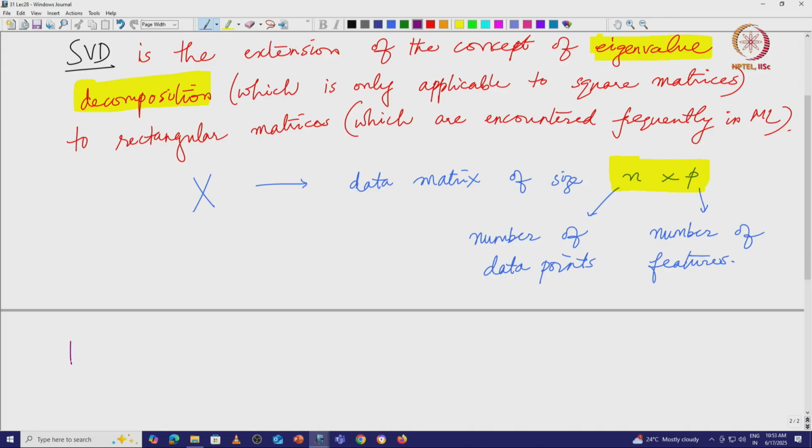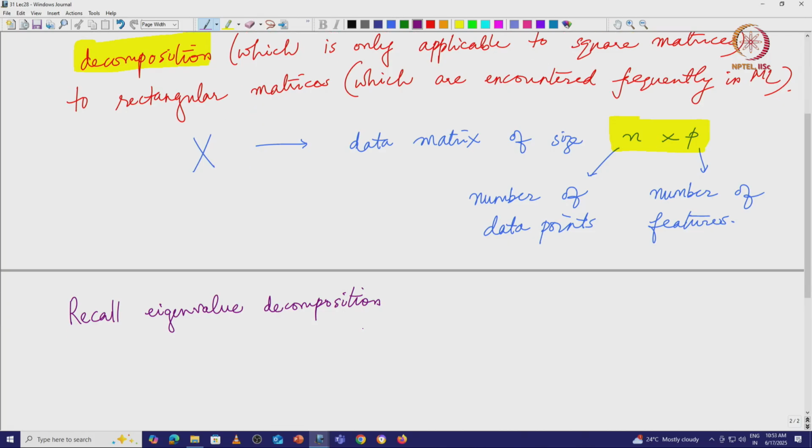So, if you recall what eigenvalue decomposition is, essentially a square matrix A can be written as the product of 3 matrices Q lambda Q inverse.